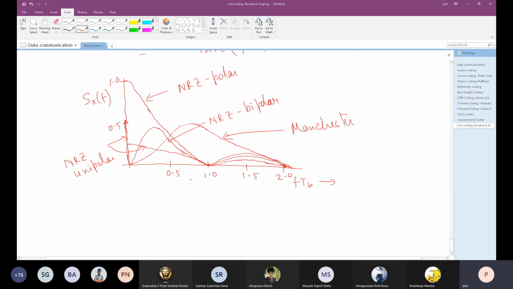So this is basically the significance of the bit definition. Now we shall see what would be the significance of VT, that is pulse shaping.